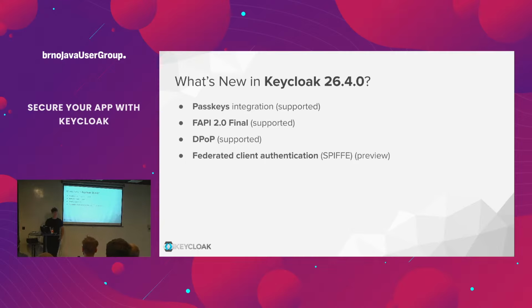I don't know if some of you know about it. It's quite a big topic in the Kubernetes world right now for workload identities and stuff. So it's nice that it's moving. We heard quite a lot of times that users would like to have it. So yeah, it's already there in preview.